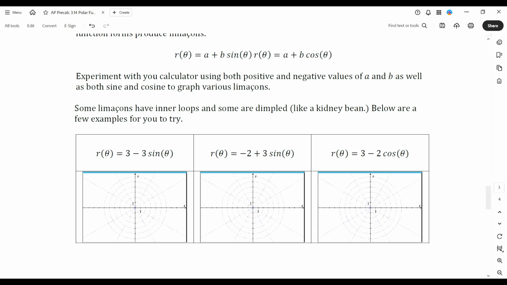So this one looks like this. It will look like that, roughly. So that's what they mean by the dimple. It'll dip down and then come back up.